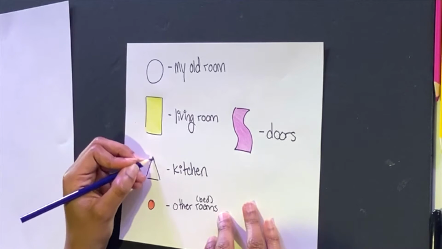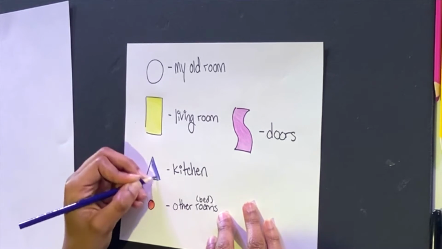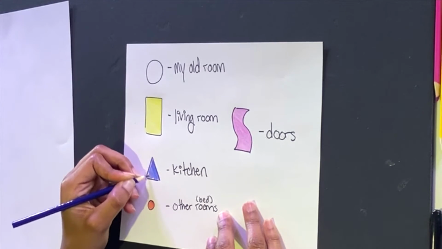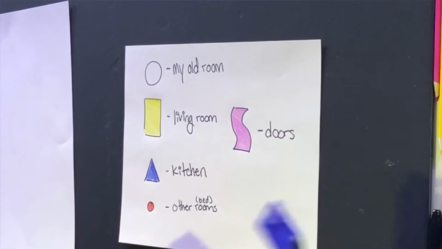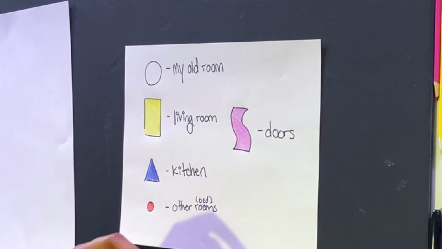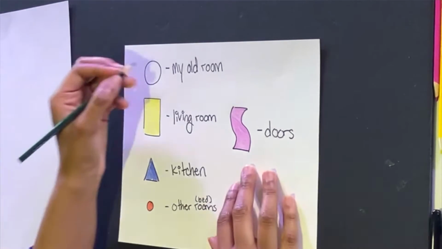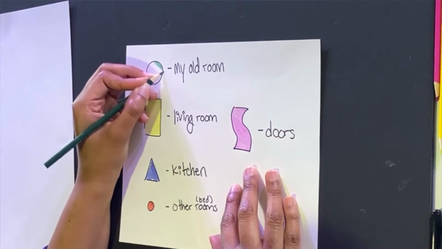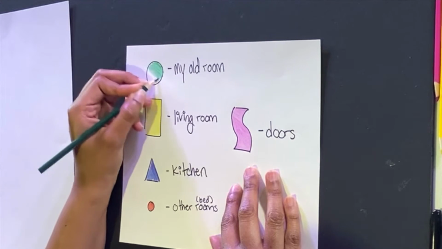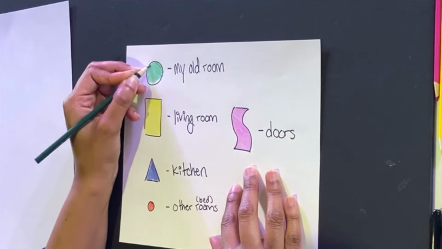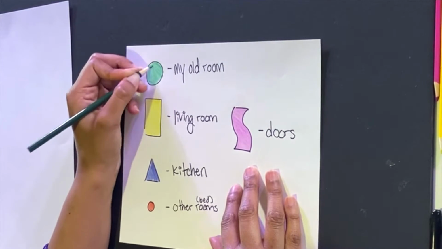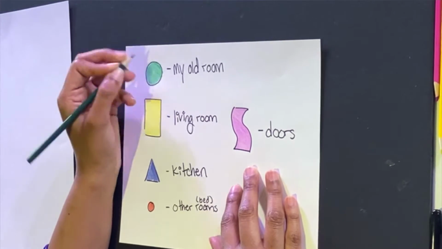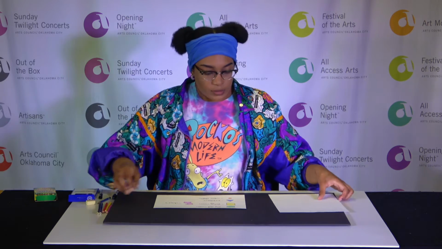Blue. Then my old room will be green. So once again, this is our legend. It's basically like a key that tells you what everything is in a map. It is also known as a key.